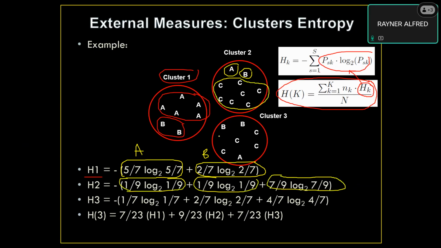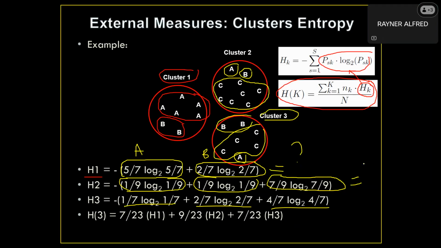Okay, and then the third cluster here we have 4C, 1A, 2B. So this is for the A, for the B, and for the C. Of course we have some value here, so you need to compute. Once we get that, we plug in here, and at the same time we look at the weightage here. This is the number of members that you have in that particular cluster.